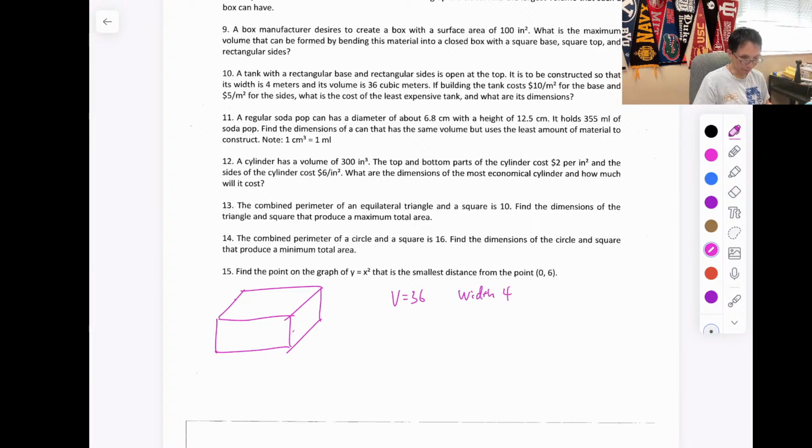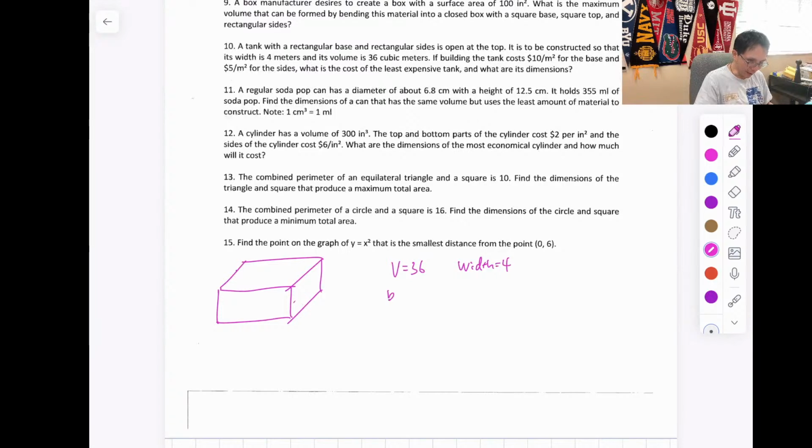Is that okay? A tank with a rectangular base, and the volume has to be 36 cubic meters. We figure out how this works. The base cost is $10, and the lateral cost is $5.